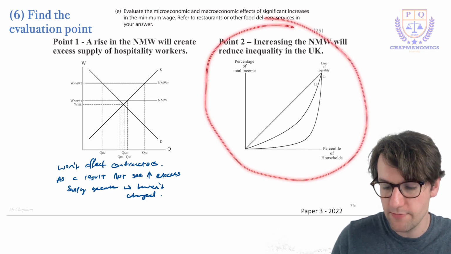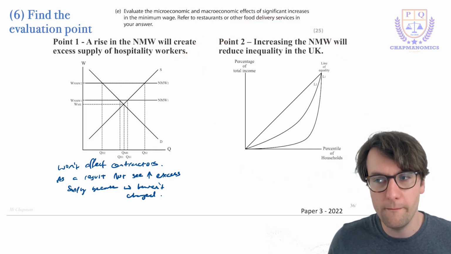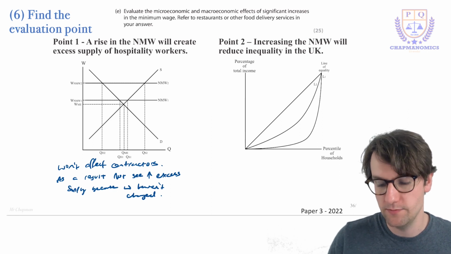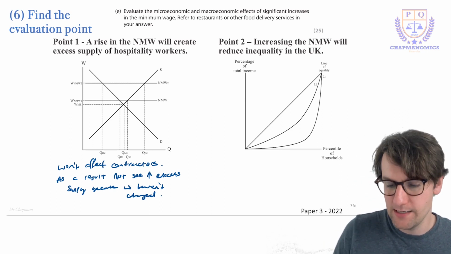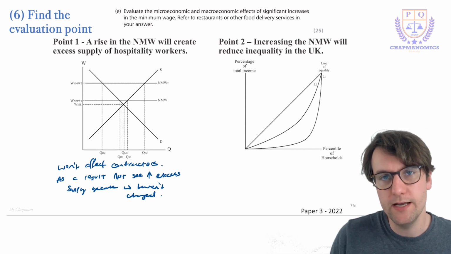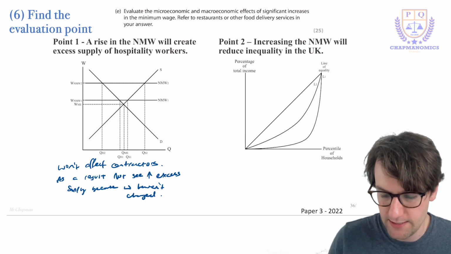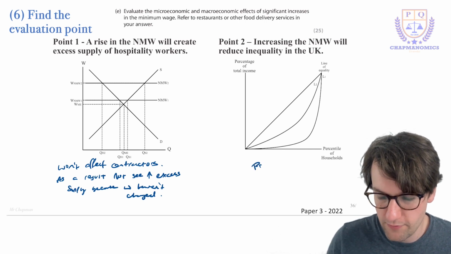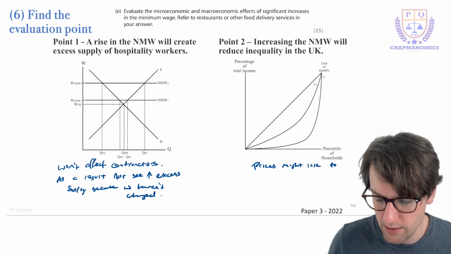Over here, we're going to do the same thing. Increasing the national minimum wage will reduce inequality in the UK. Well, what might happen when you push up the national minimum wage that means this doesn't happen? For me, I think that when you push up the national minimum wage, firms still want to make the same level of profit. So in this case, I think that prices might rise to cover the cost.